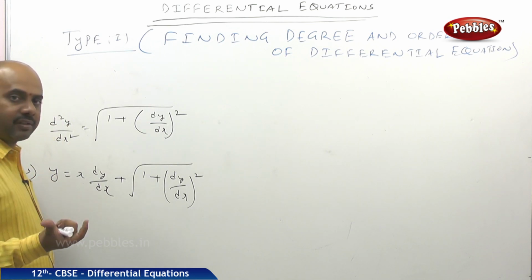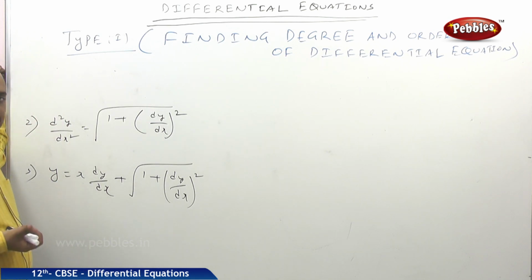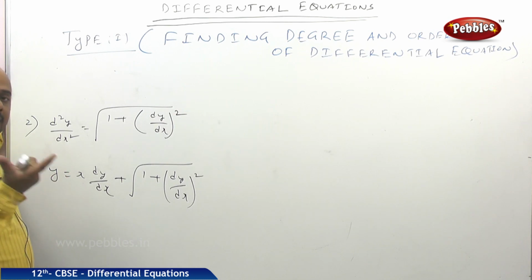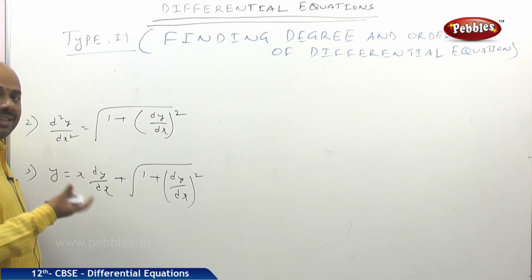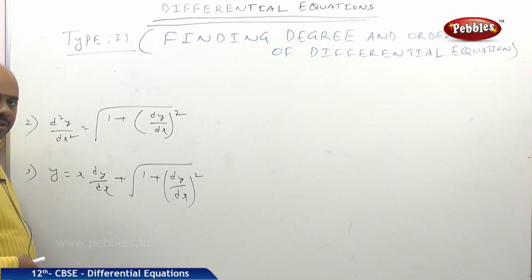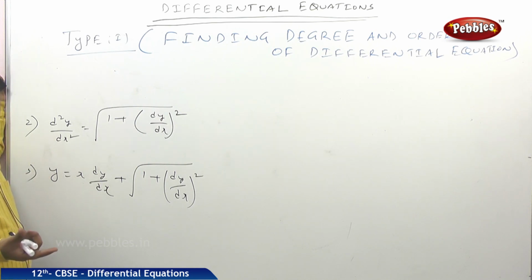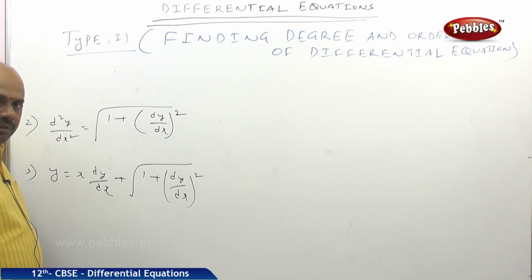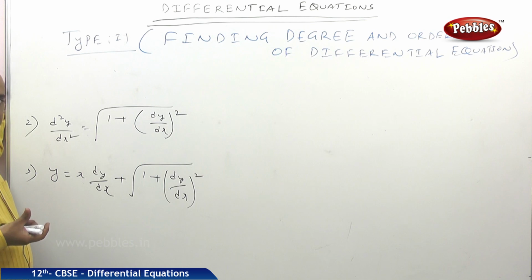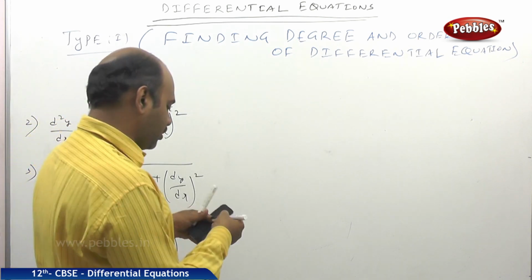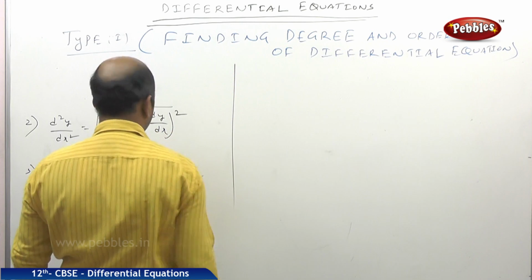Only if we get the differential equation in polynomial form can we determine the order as well as the degree. Here we are not getting it in polynomial form, so I suggest squaring on both sides.